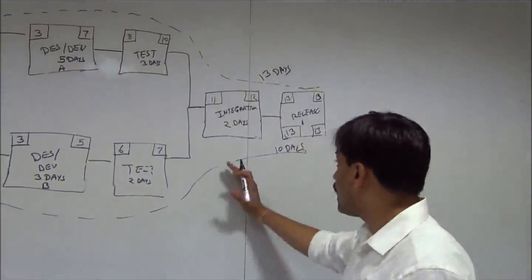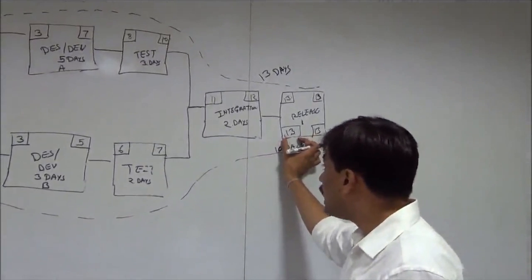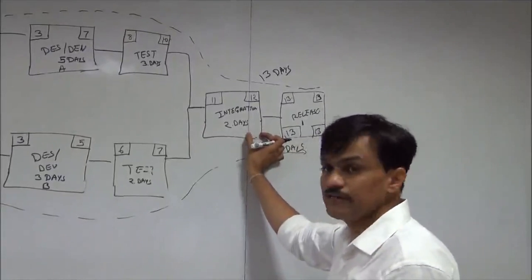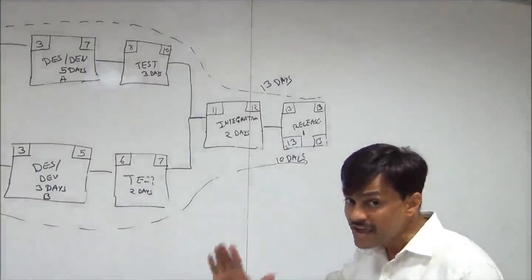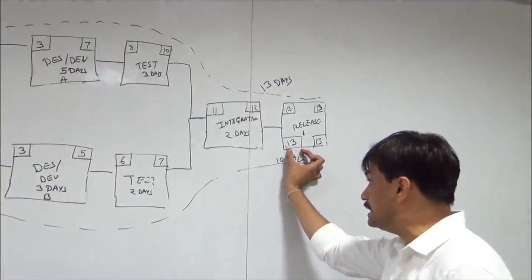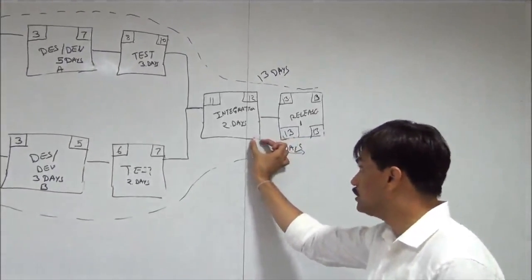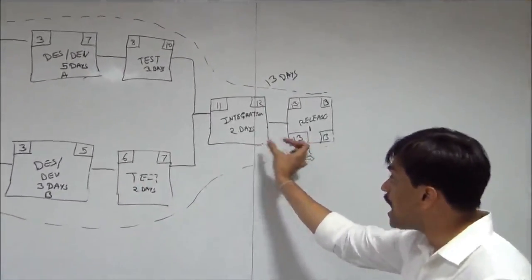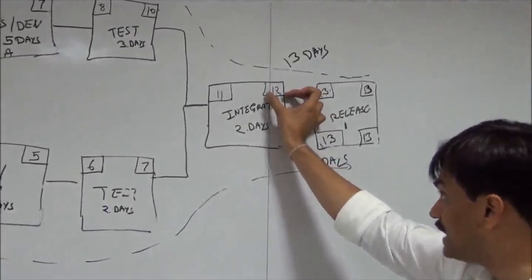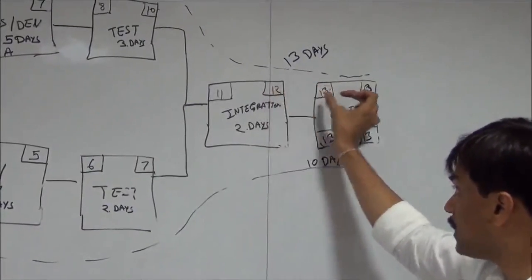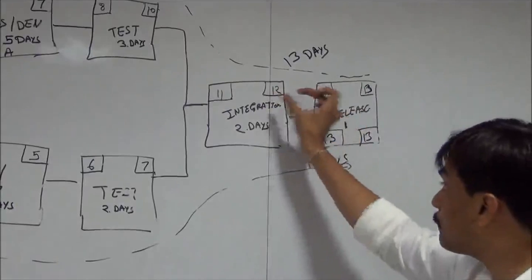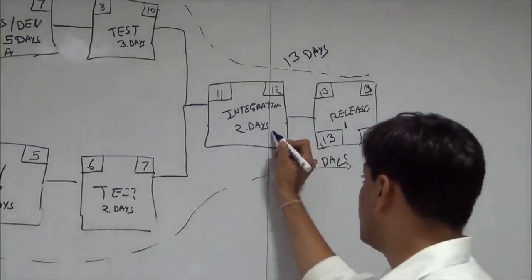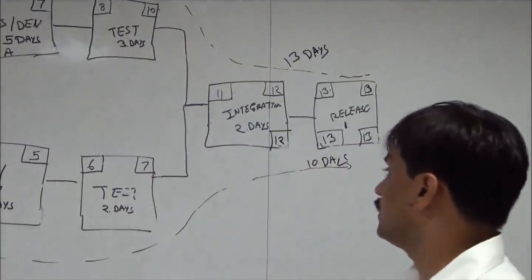Now in a backward pass, we take the late start date and move it to the late finish date of the previous activity. When we are going backward, we copy the late start and minus 1 to identify the late finish. So it is 13 minus 1, because when we were going forward, we were picking the early finish plus 1. Here, rather than plus, we are focusing on subtraction. So 13 minus 1 gives us a late finish of 12 days.